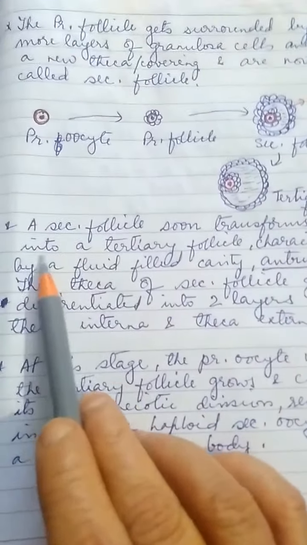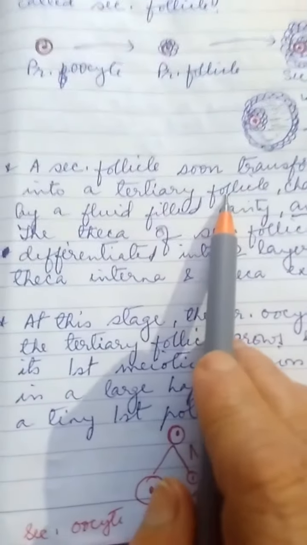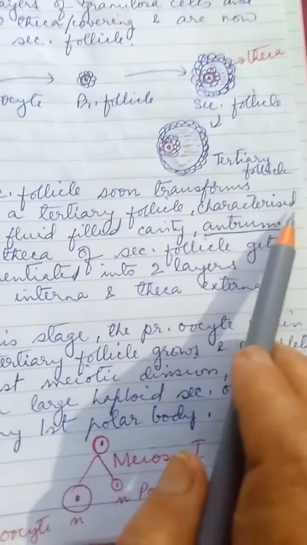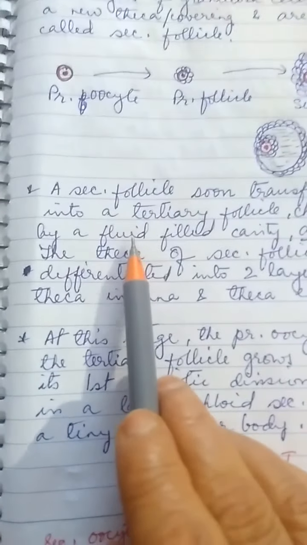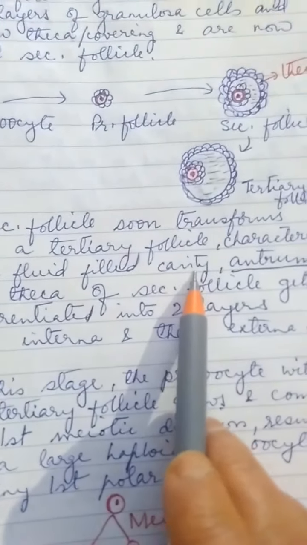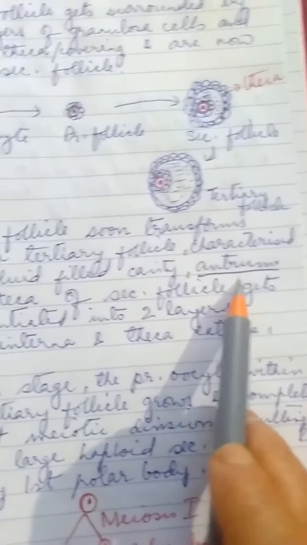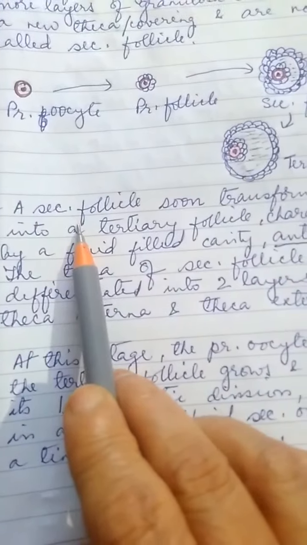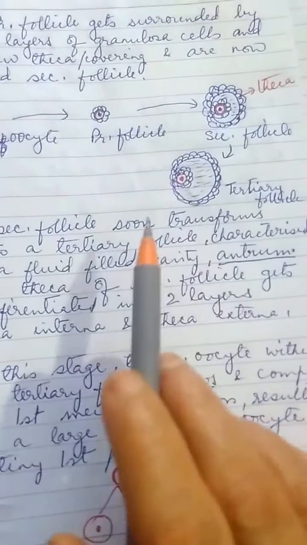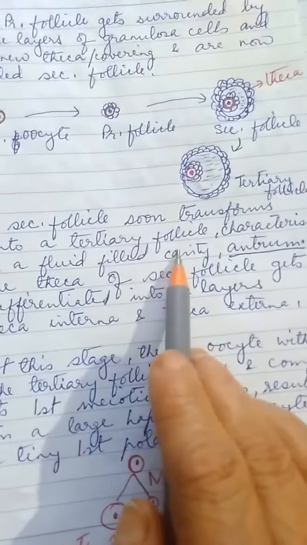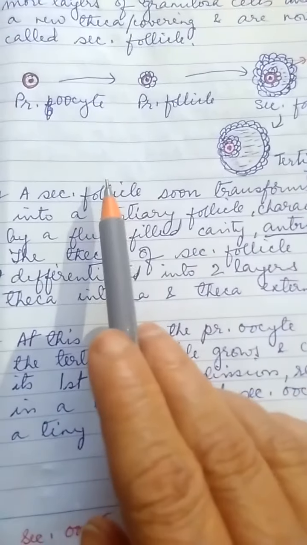Next, a secondary follicle soon transforms into a tertiary follicle, characterized by the presence of a fluid filled cavity called antrum. Secondary follicle now gets transformed into a tertiary follicle. And what is the difference between secondary and tertiary follicle?